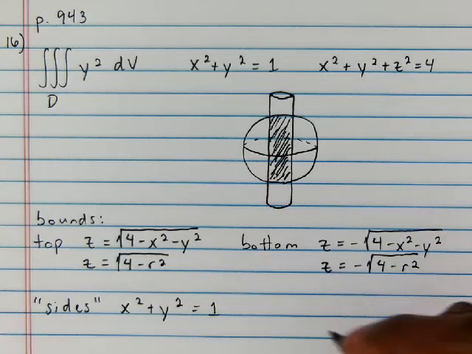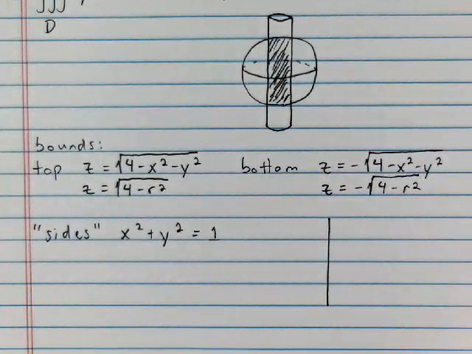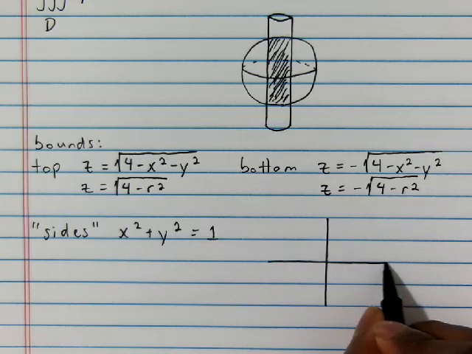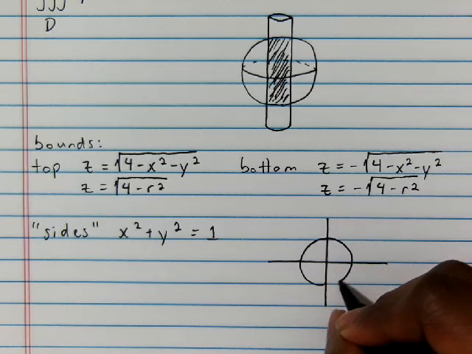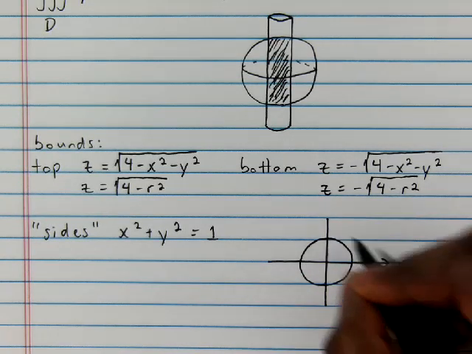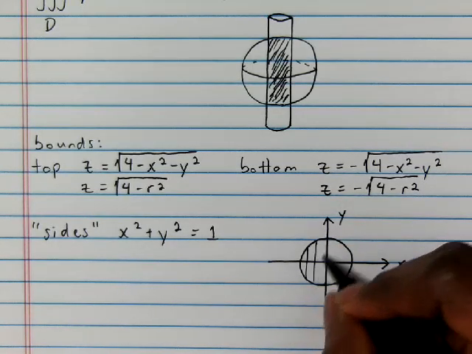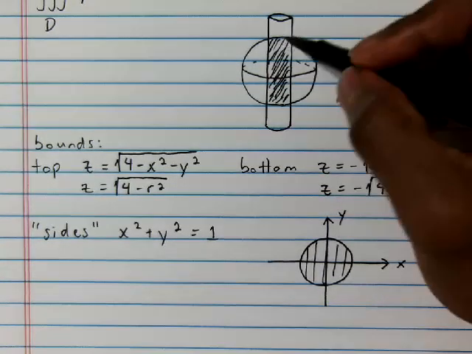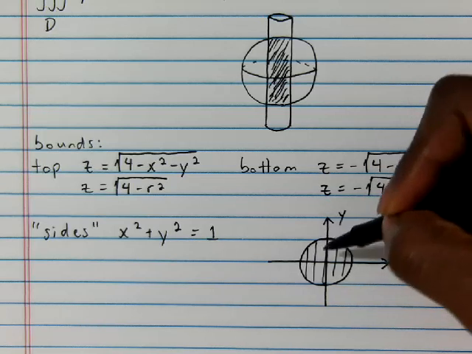So let's just sketch that sides portion in the XY plane. We end up with a circle of radius 1 centered at the origin, or a disk, actually. So we're still just taking this solid region and smashing it into the XY plane. And this is what that would look like.